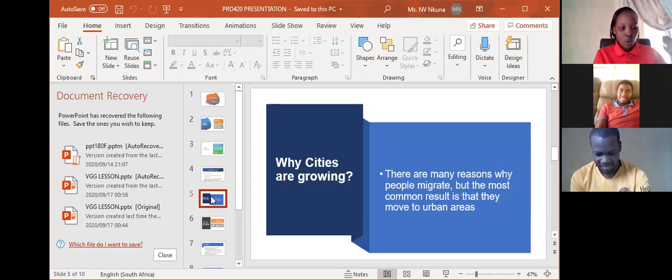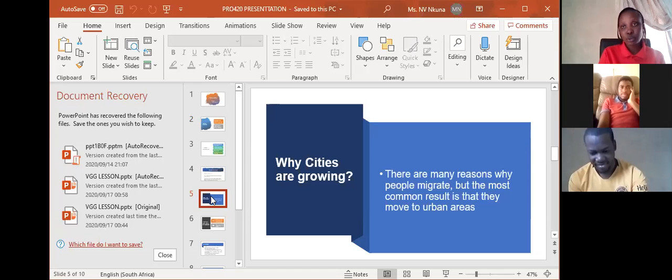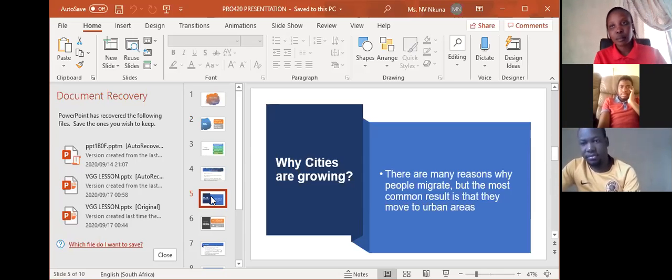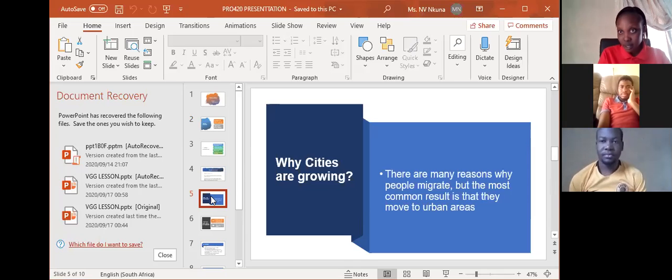So the first one is economic reasons. Work could be involved in people wanting to move from rural areas to urban areas, right? And then the second one is social reasons.